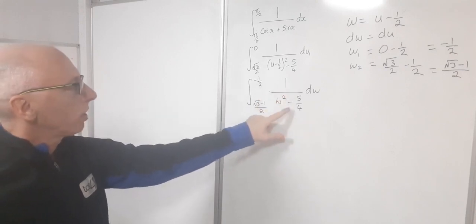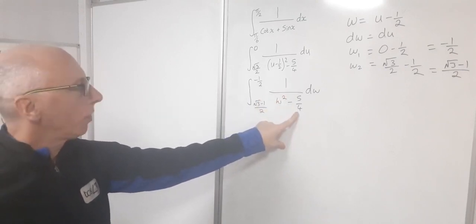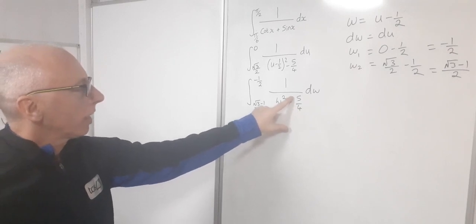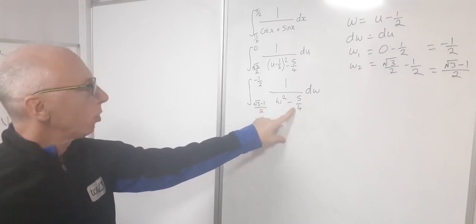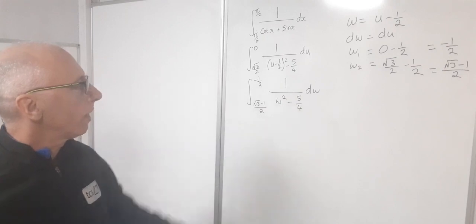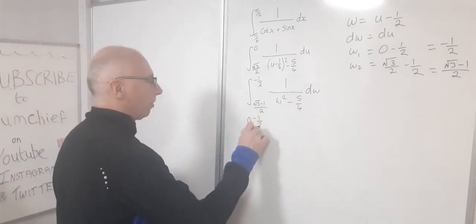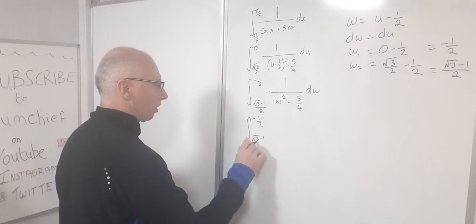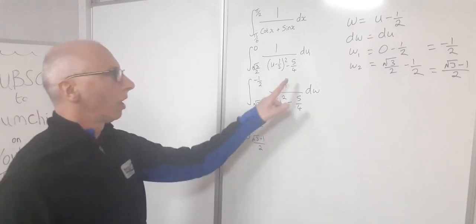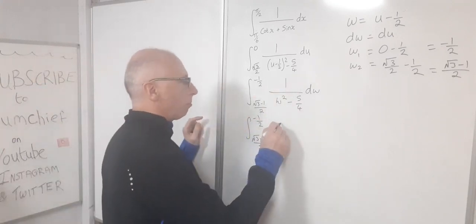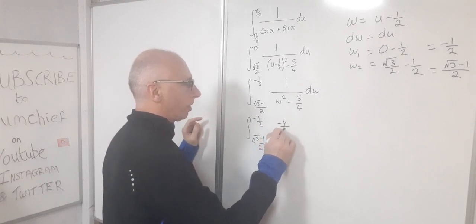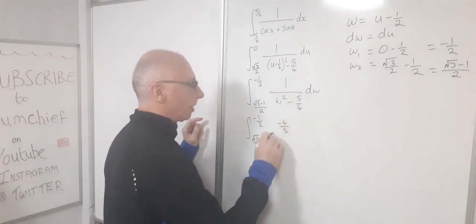If we multiply all these terms by minus 4 over 5, that will then give us a +1. So let's try that. So minus a half, root 3 minus 1 over 2. Okay, everything multiplied by minus 4 over 5. So that just gives us that.